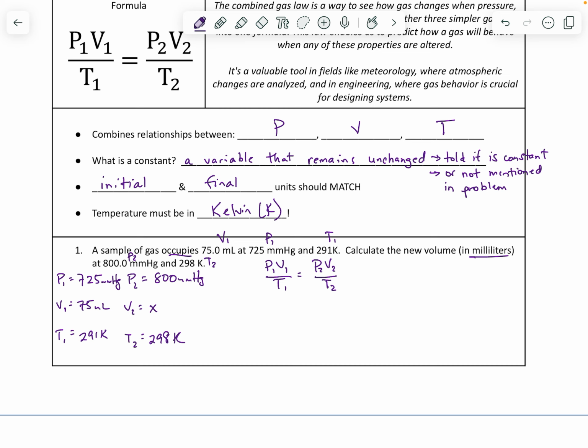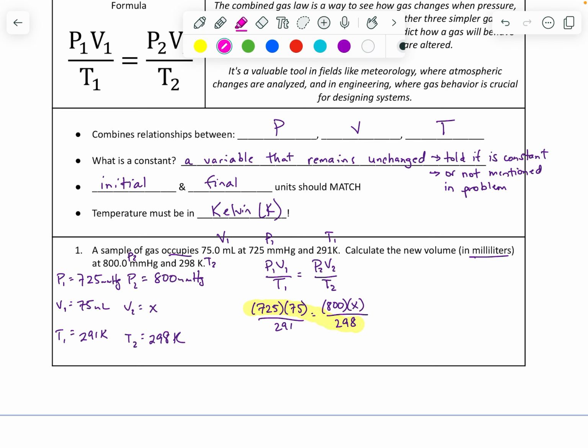In terms of the pressure 1, we have 725 millimeters mercury at 75 milliliters of volume, 291 Kelvin here. And then that's equal to 800 times X, which is what we're looking for. And we have 298 Kelvin there. And so all we have to do is cross multiply. So you cross multiply, and you end up with everything kind of on one even line.